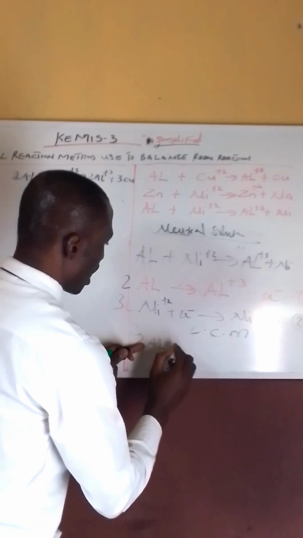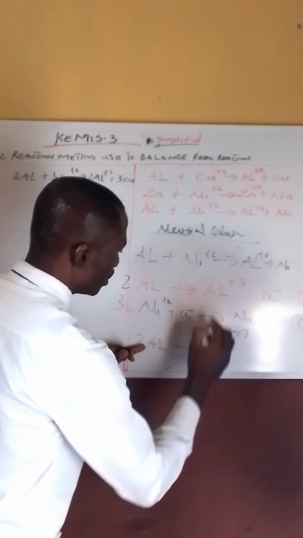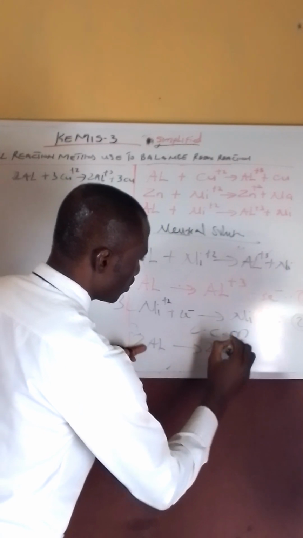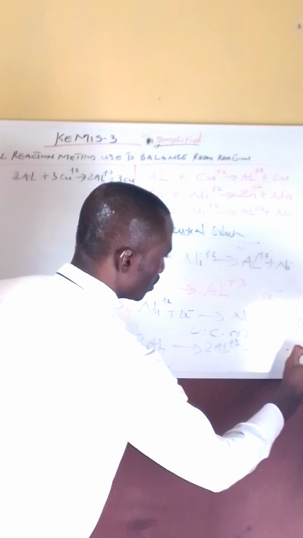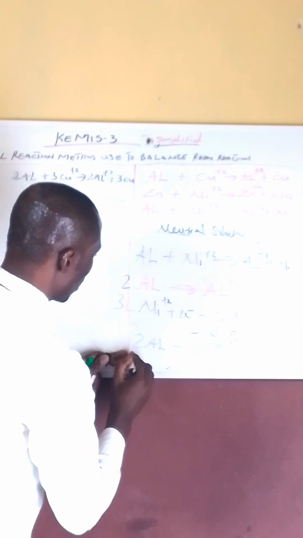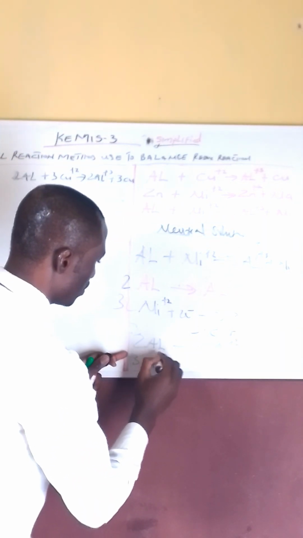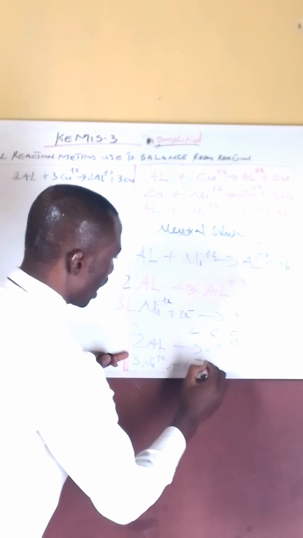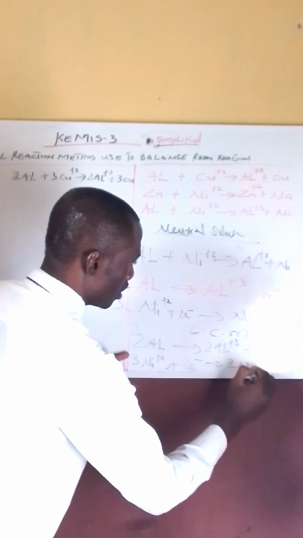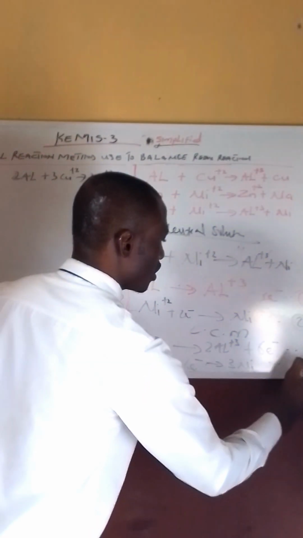You see that? Gives me 2 aluminium plus 3 and plus 6 electron. Equation 3. Now, this will become 3 nickel plus 2, 6 electron, and it gives me 3 nickel. Now, this is equation 4.